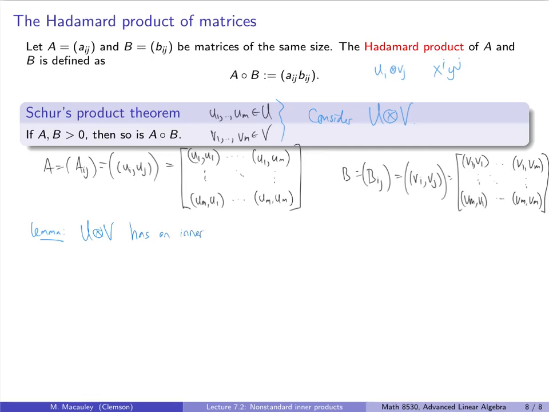where we can define it on pure tensors, where the inner product of u tensor v and u prime tensor v prime is the product of the inner product of u and u prime, and the inner product of v and v prime.